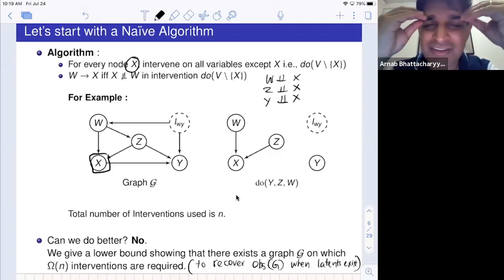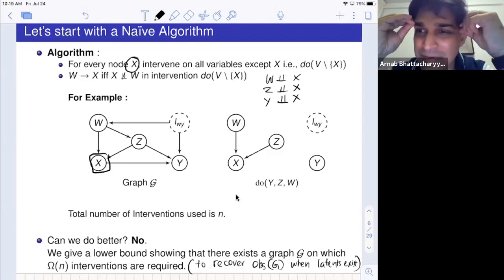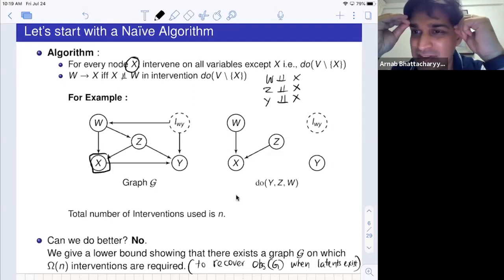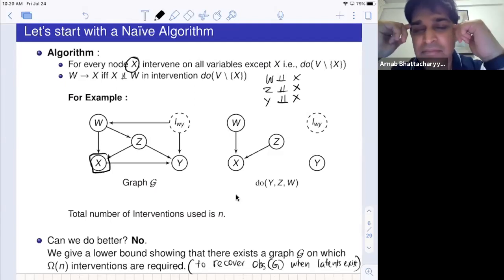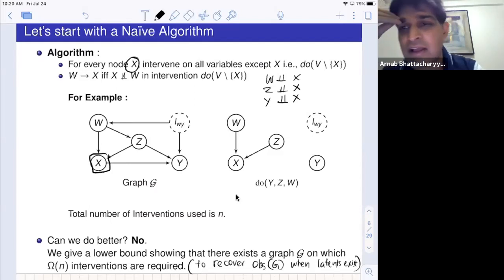Raghav, just to interrupt, sorry. By the way, have you looked at our paper with me, Saravanan, and Costas, from a couple of years ago at NeurIPS? I think you consider the sample complexity of these interventional distributions, right? As part of that analysis, we also have to consider the interventions. Here you're looking at the question even without sample complexity, the basic question of how many interventions.